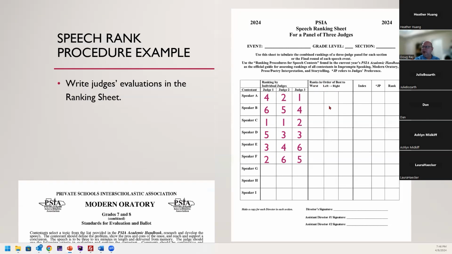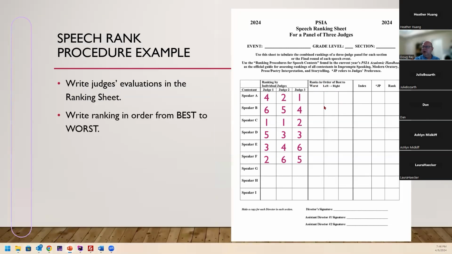So you just write them in order from best to worst. So a 1, 2, and a 4 becomes a 1, 2, 4, right? Or I should say it this way. A 4, 2, 1 gets rewritten as a 1, 2, 4. A 6, 5, 4 becomes a 4, 5, 6. And then et cetera, all the way through the chart.